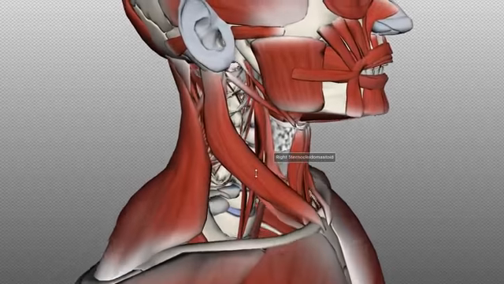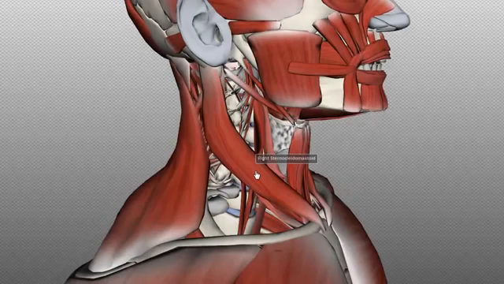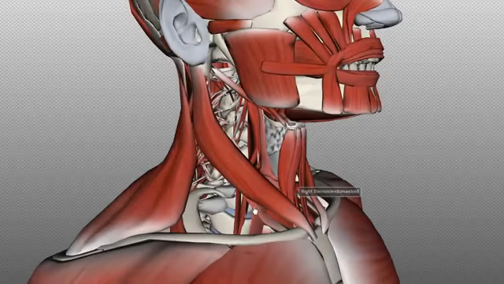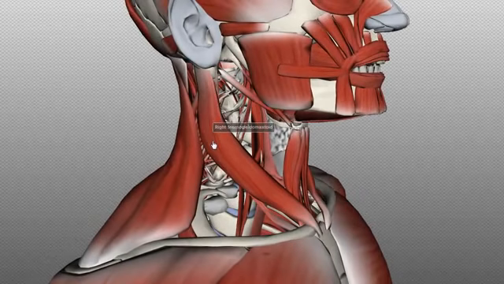So again, there's several muscles which run through the posterior triangle, and I'm going to run you through these. So just to start off with, we've got the scalene muscles, which quite annoyingly aren't on this model, but these originate on the transverse processes of the cervical vertebra, and they insert onto the first and second ribs.